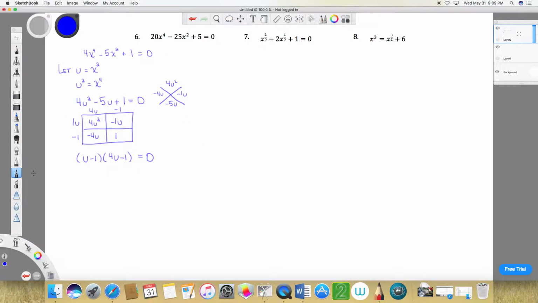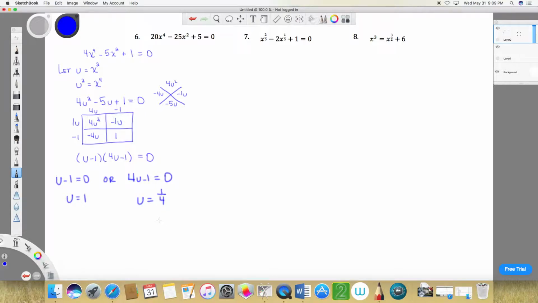So we know that either u minus 1 is equal to 0, or that 4u minus 1 is equal to 0. This is a two-step equation. Add 1 to each side and divide by 4.